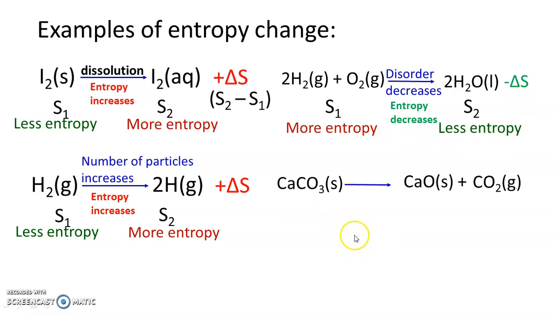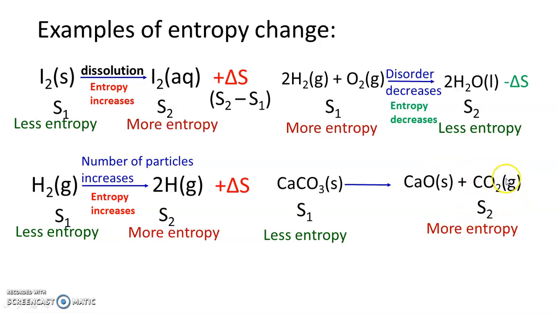Consider another example, the decomposition of calcium carbonate solid into calcium oxide solid and carbon dioxide gas. In this example again, solid is converted into gas and therefore entropy increases. Say S1 is the entropy of calcium carbonate solid, it is less because it is a solid, and S2 is the entropy of the products.